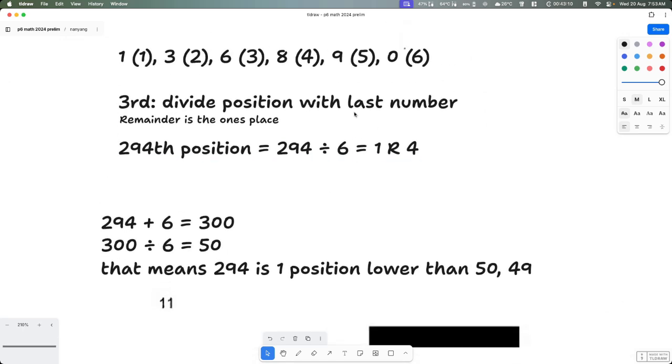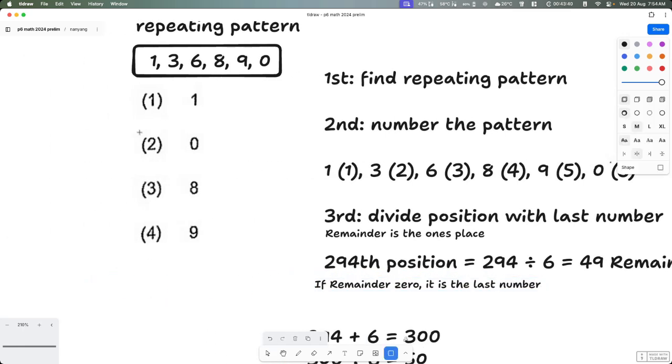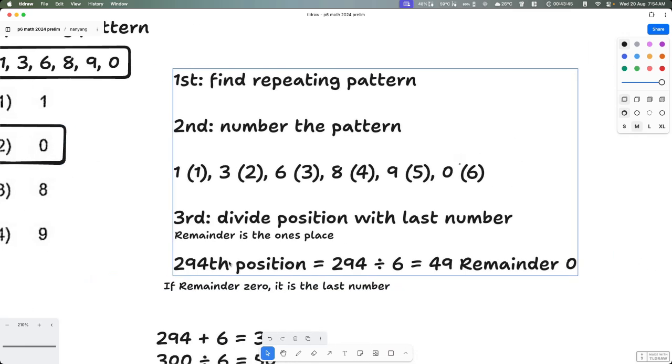So 294 divided by 6 is equal to 49 remainder 0. So the answer is... if the remainder is 0, it is the last number, which is 0. Answer is option number 2 over here. This guy. Okay, that's it.